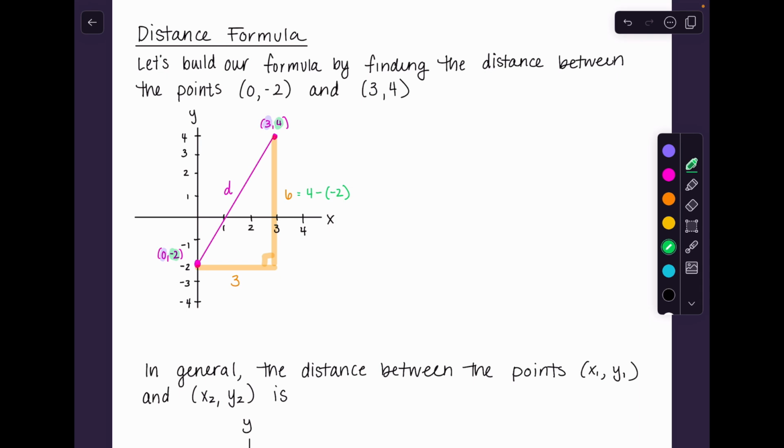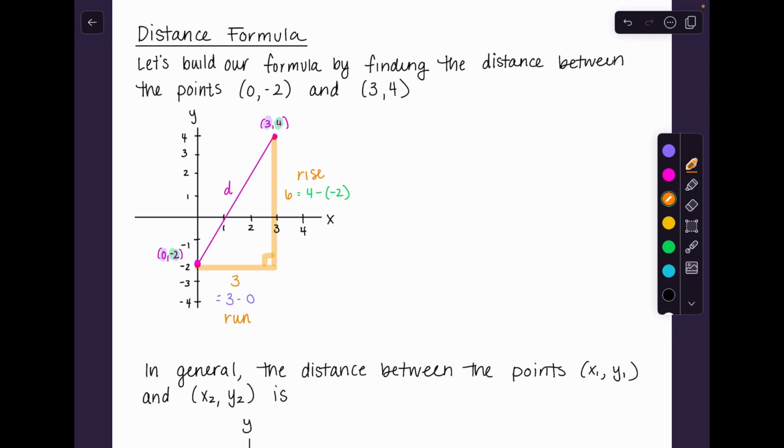It's really the rise and the run. So this value here, I'll change my color to match it, is one x value minus the other. So these are just the rise and the run.